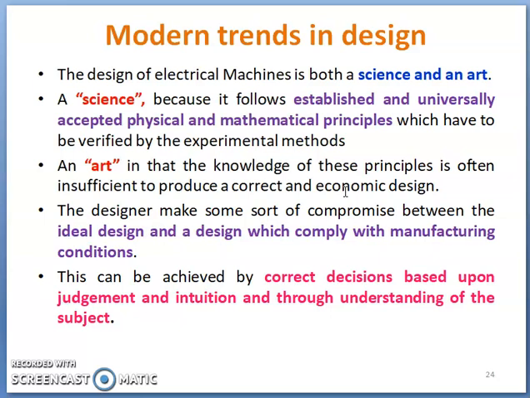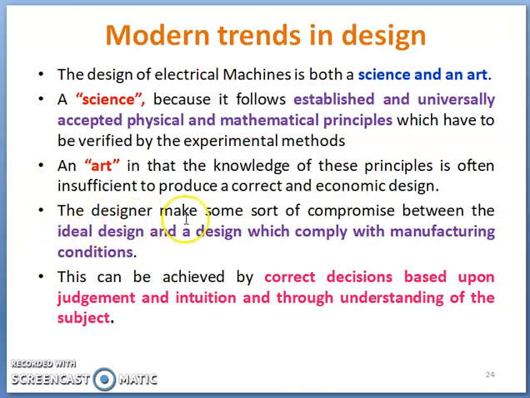While designing, after following well established and universally accepted physical and mathematical principles, sometimes the designer has to put in his experience and knowledge in the form of art to evolve a successful design, an optimum design in terms of economy as well as efficiency.